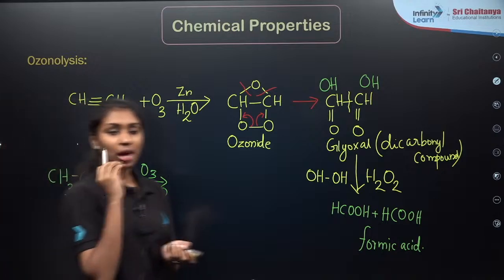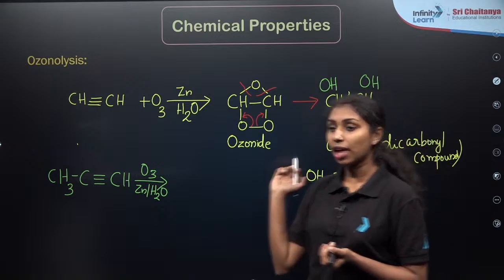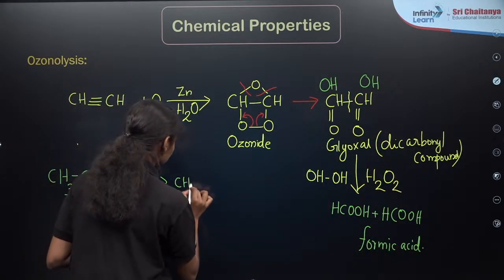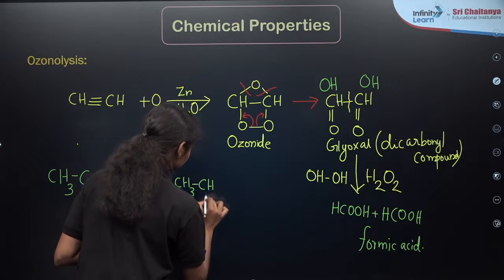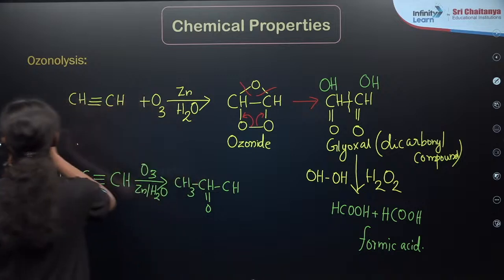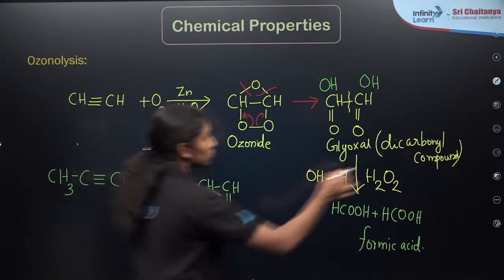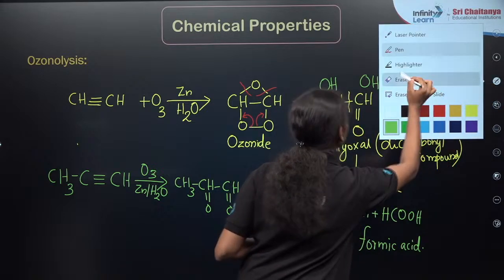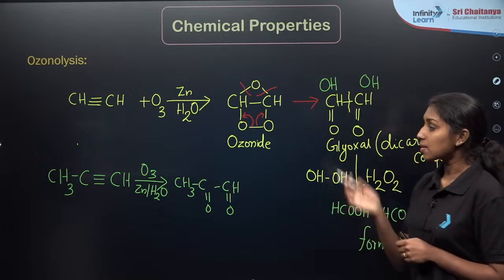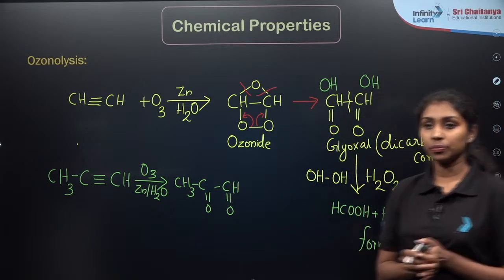First, you have to write down the ozonide, then break the bond, you will get the glyoxal compound here, right? Okay, this will be the final product for the ozonolysis of propyne molecule, methyl glyoxal. Is that clear?